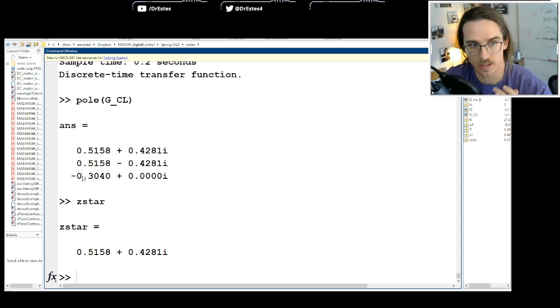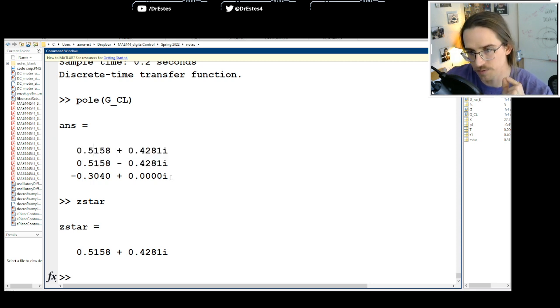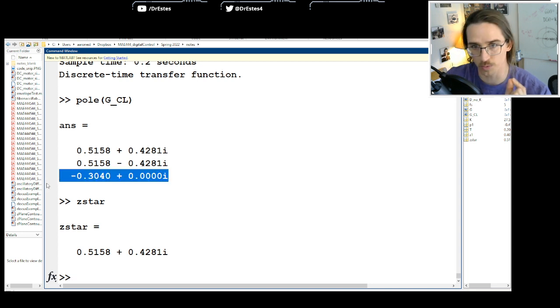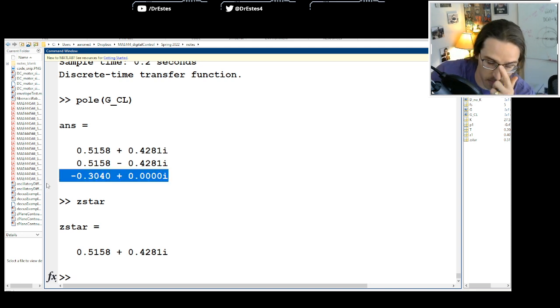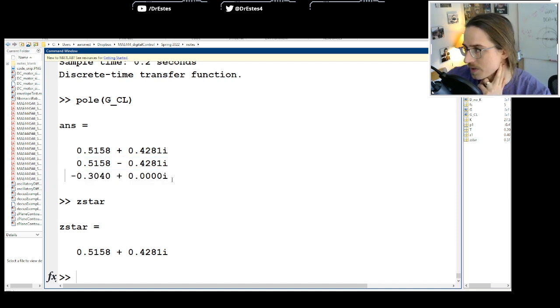It might be an unstable pole. Remember, even if we achieve these target poles with 2 of our roots, if a system has 1 unstable root, the whole system is unstable. It just takes 1 bad egg. So there's no way to know what this is going to be unless we check. And so we have to iterate on a bunch of controllers.